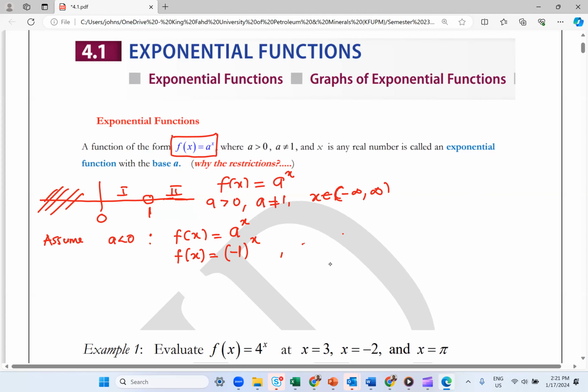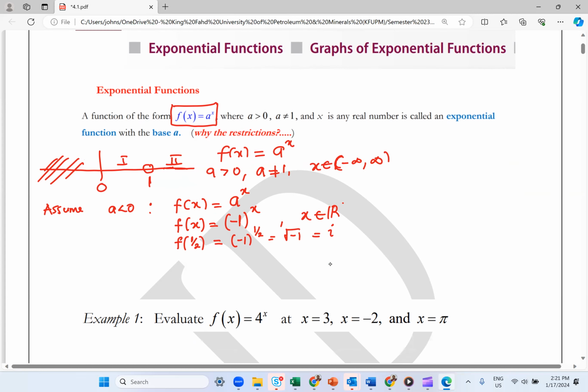But remember, x is in R. Because x can be any number in R, if you try to find, let's say, f of half, it is going to be minus 1 to the power half, which is the square root of minus 1, which becomes a complex number. And we don't want to have this situation. So a cannot be less than 0.